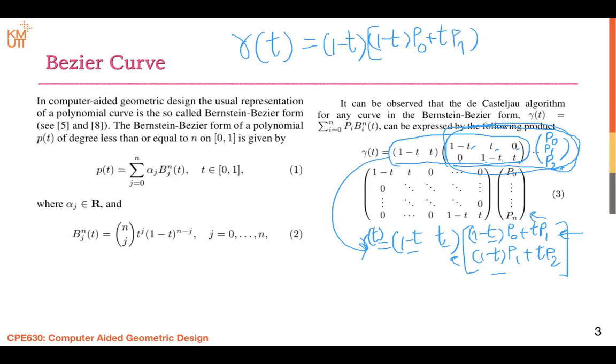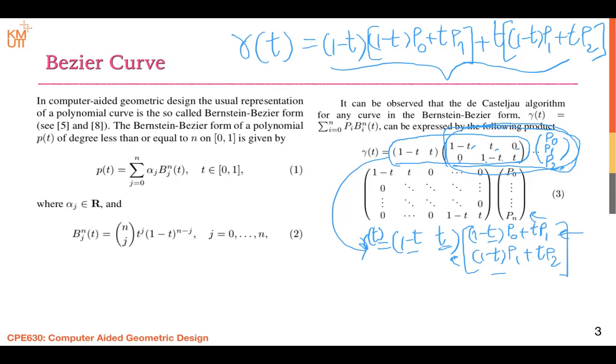I have to use this square bracket, and then t times 1 minus t p1 plus t p2. That's all. When you expand or simplify this term, you will get the quadratic Bezier curve.